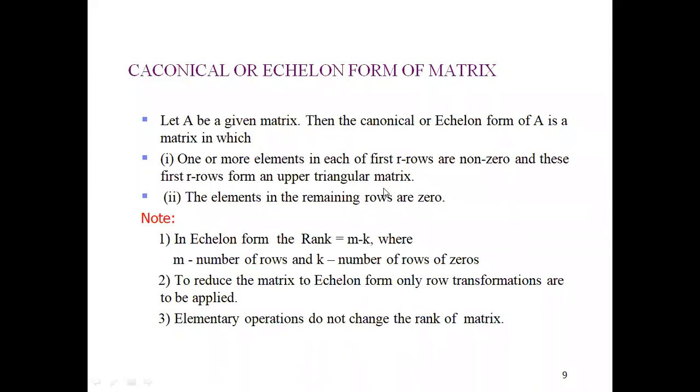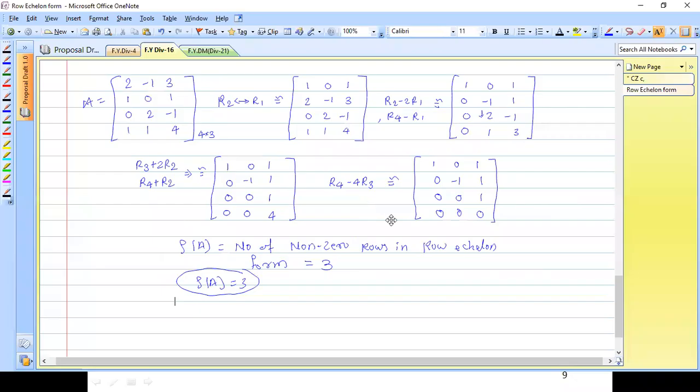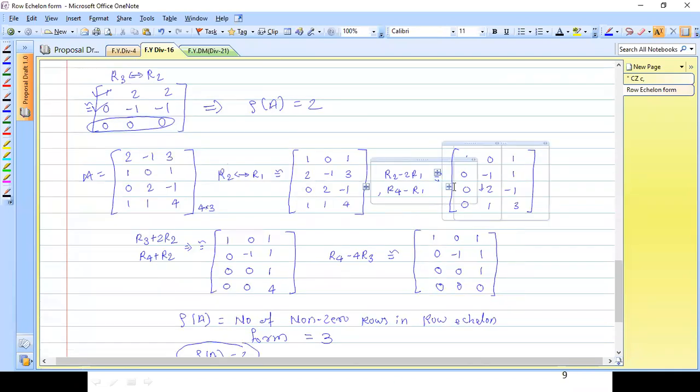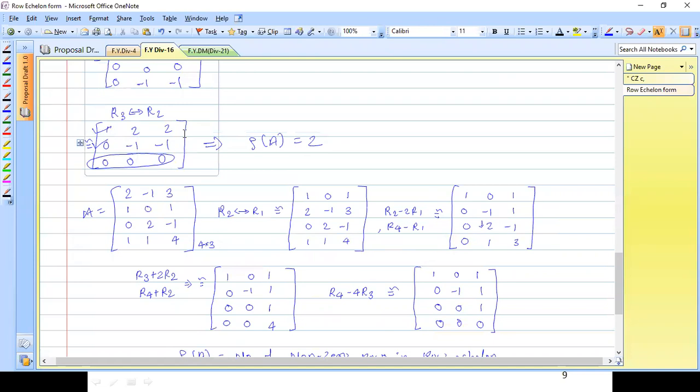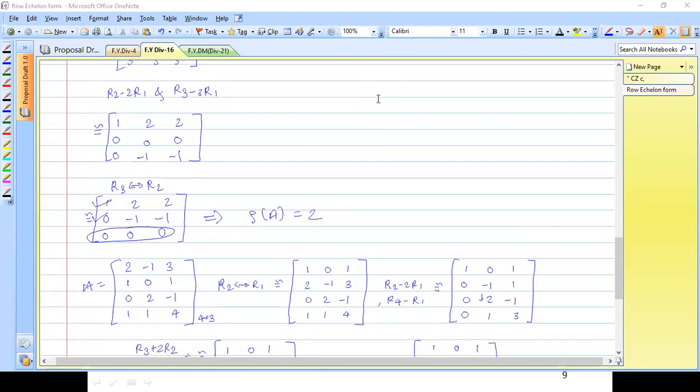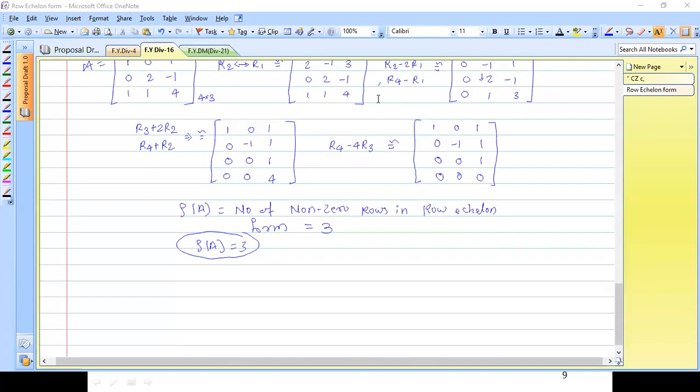So you just read it out. What are they saying? One or more elements in each of the first R rows are non-zero, and these first R rows form an upper triangular matrix. You can see this is what I am getting, just like an upper triangular matrix, when I convert into row echelon form. So row echelon form looks like an upper triangular matrix.